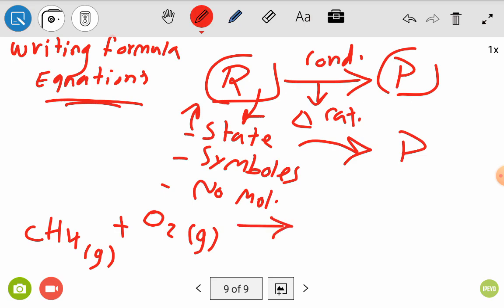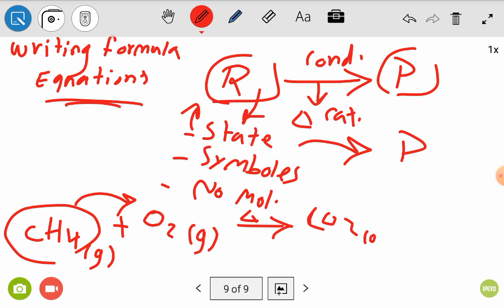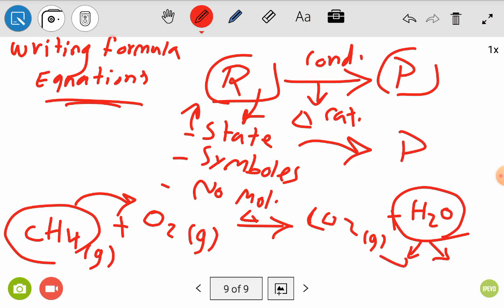That is going to produce, when methane reacts with oxygen in the presence of heat, carbon dioxide gas, CO2, also a gas, plus H2O, and in that case, what do you think? Is it going to be a vapor or a liquid state? Well, actually, it is going to be a vapor. In that case, H2O is a gas too.